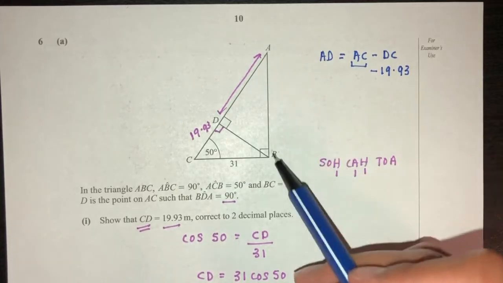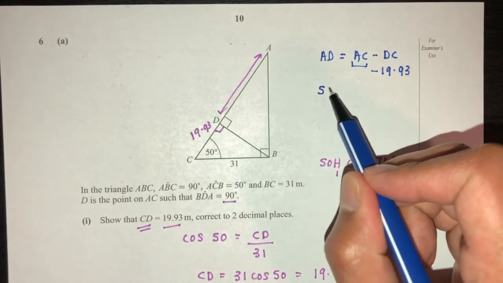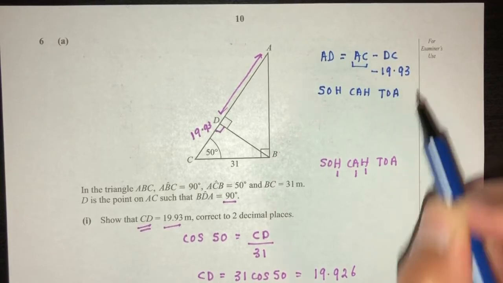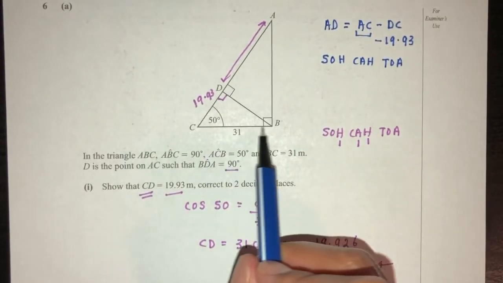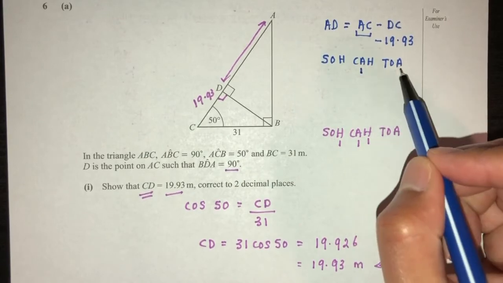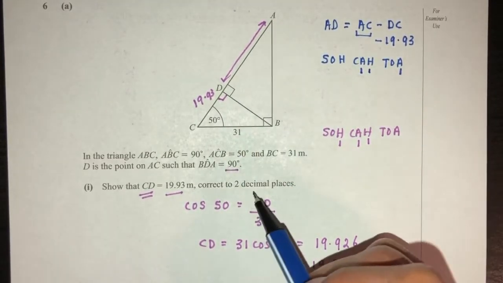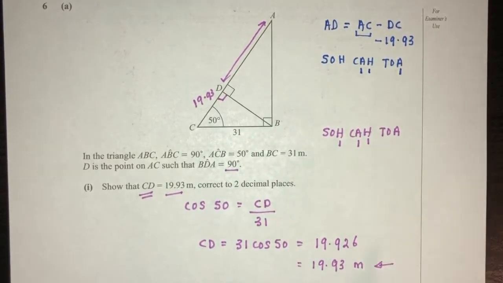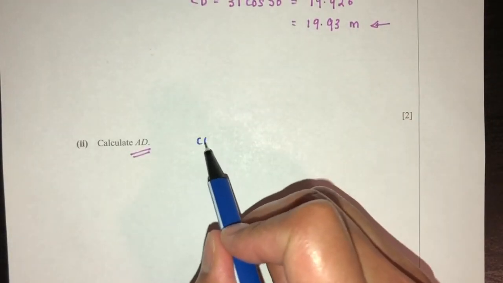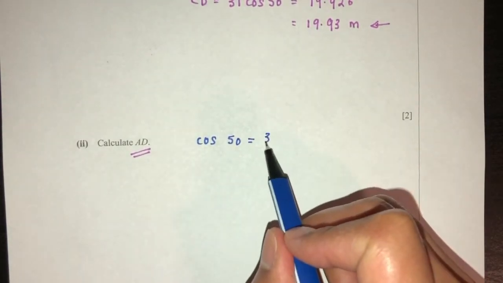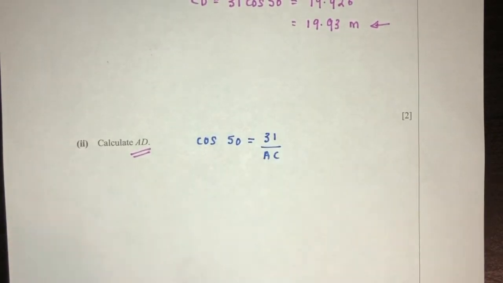We can use this big triangle, use SOHCAHTOA. Here we have this side, that will be your A side, and we have to find this side, that will be your hypotenuse. So we have to use cos again. So cos of the angle, which is 50, is equal to 31 divided by AC.